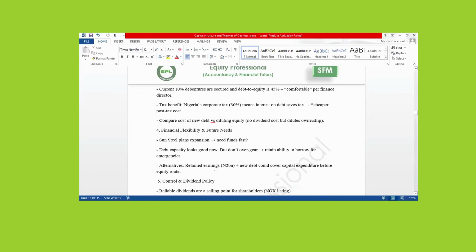This is what we call pecking order financing. If you are to finance new business, start with retained earnings. If your retained earnings is not sufficient, then go and borrow more.